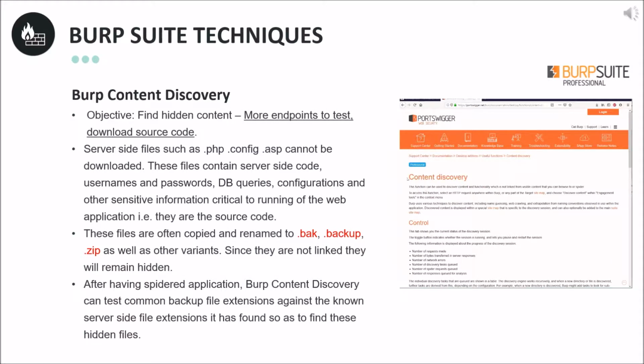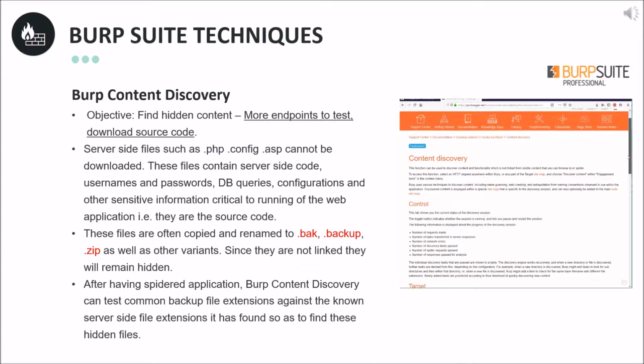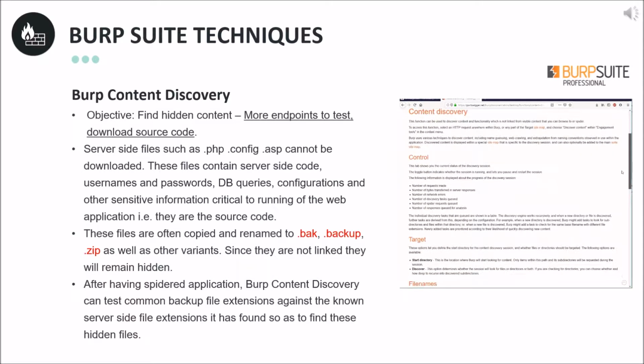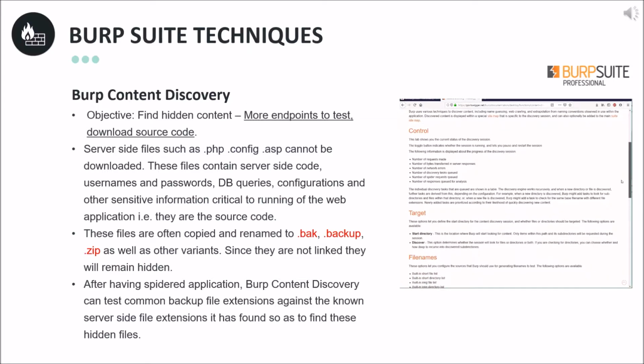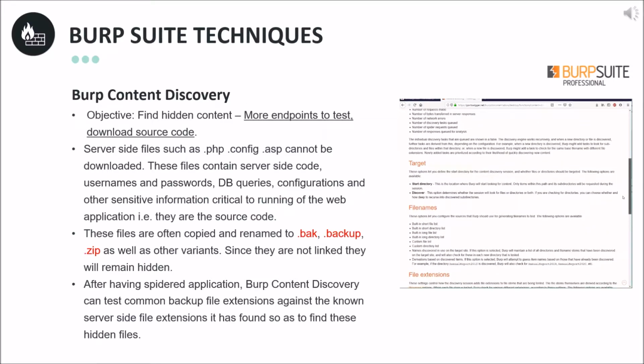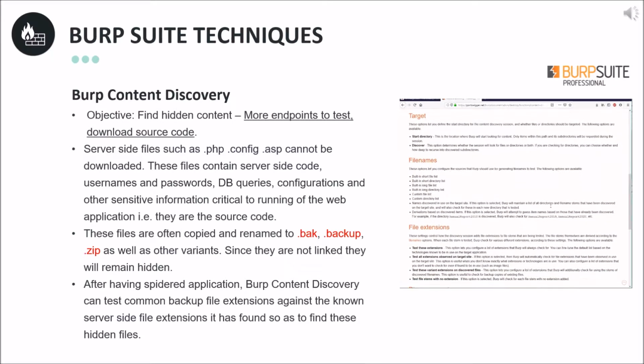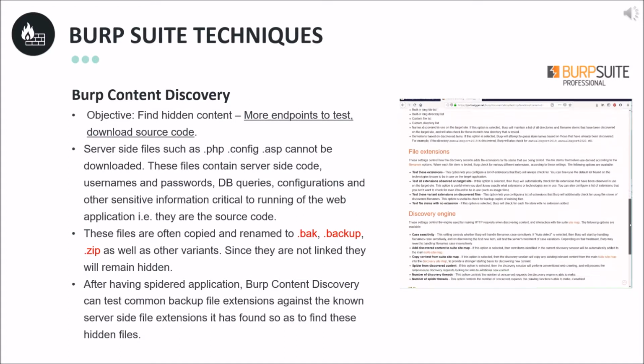As stated, the objective of Burp content discovery is to find more endpoints, because the more endpoints we have, the greater the attack surface and the more probability and likelihood of us finding vulnerabilities in those endpoints.